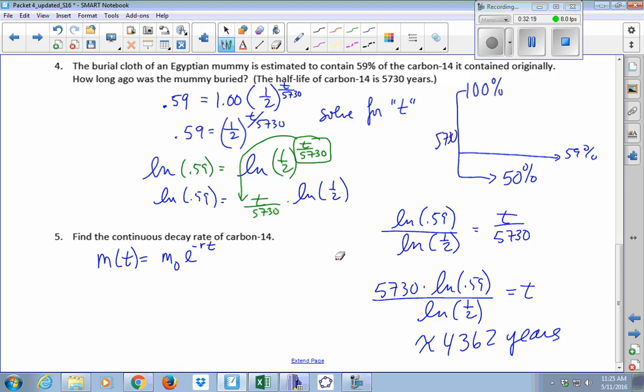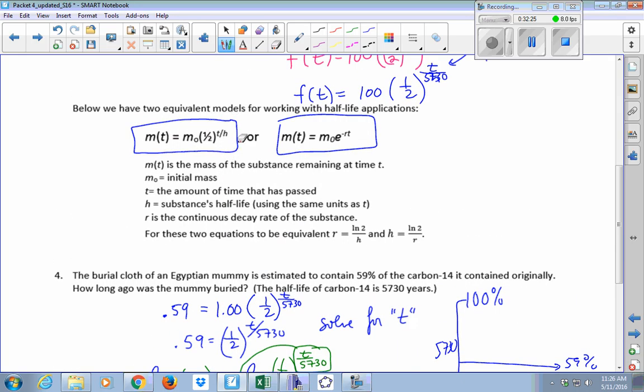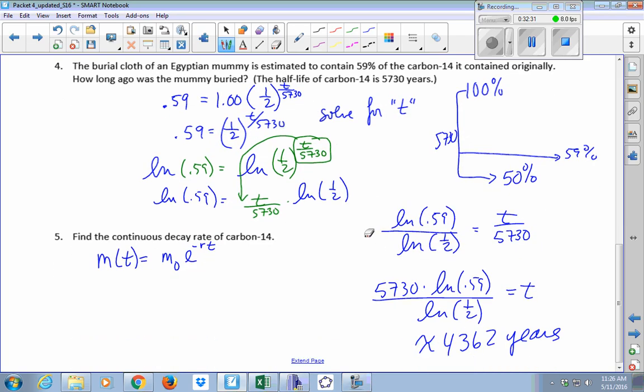Yeah, round off to the whole number, yeah. So how to get the value for r when you only know the half-life is you just take the natural log of 2. So r is equal to the natural log of 2 divided by the half-life, 5730.